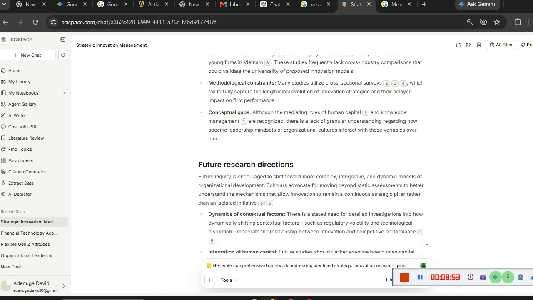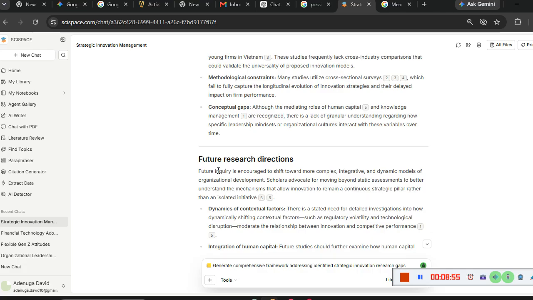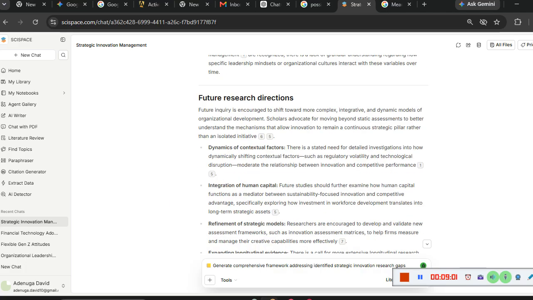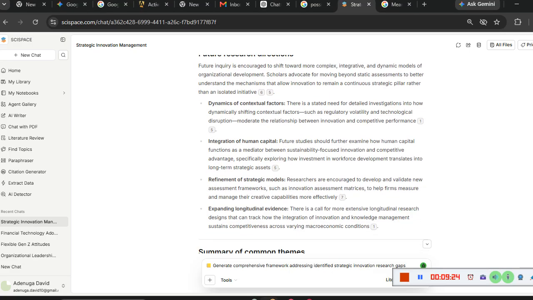So now this is where the problem is. This is a research gap, right? Further future direction. Now we can use this to identify the direction which our research should go. Dynamics of contextual factors: there is a stated need for detailed investigation into how dynamic, shifting contextual factors such as regulatory volatility interact with human capital and the refinement of strategic models.